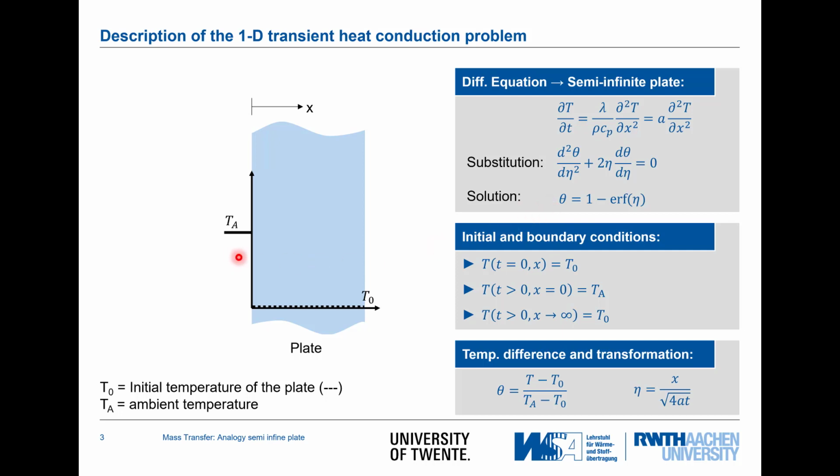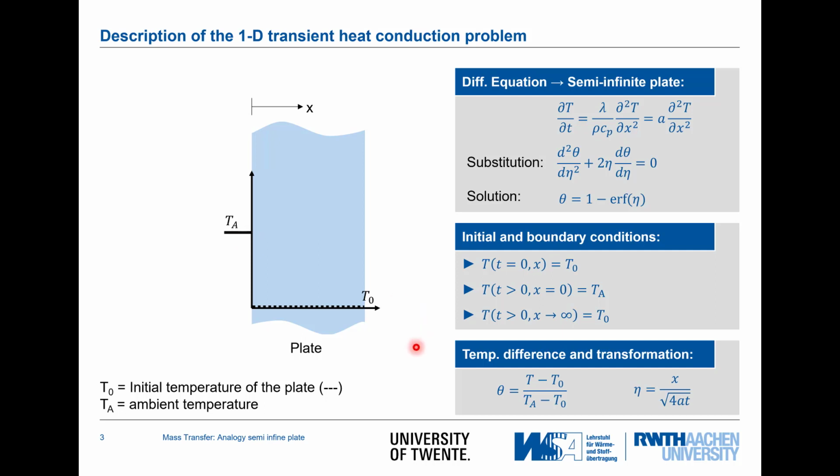Now let's also have a look at the left-hand side. If we prescribe the ambient temperature at the surface of an object, here the plate, it is equivalent to saying that the heat transfer coefficient, the convective heat transfer coefficient, is infinity.